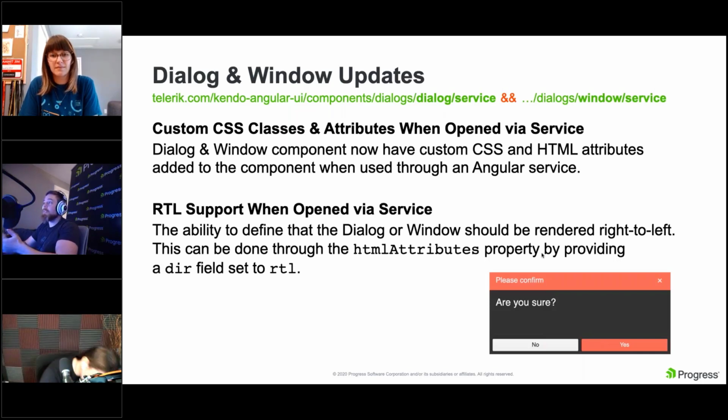And one of those things happens to be that specifically when you're using an Angular service in order to create and display the window, we wanted to give these additional options, since that's a little bit of a different use case than a traditional component where you just add it into your template and you're good to go. So we have the custom CSS classes, the additional HTML attributes that you might want to add in, as well as the ability to render this in a right to left mode when using an Angular service for either the dialog or the window.